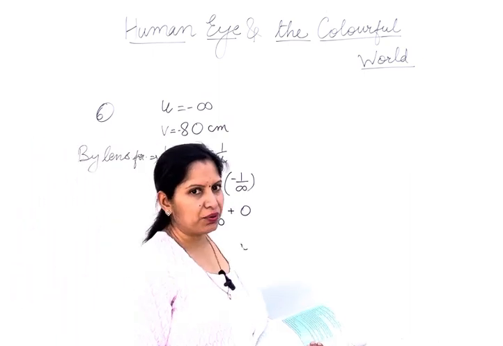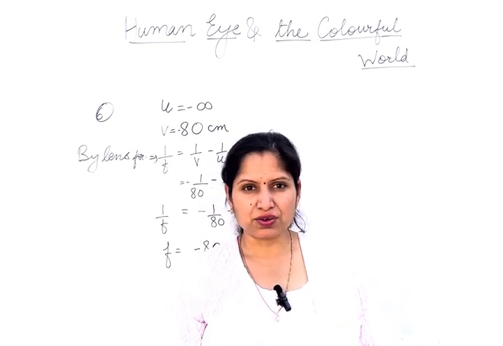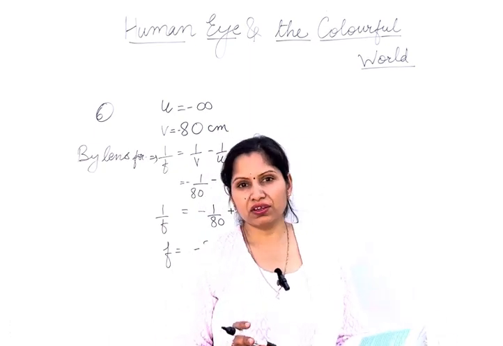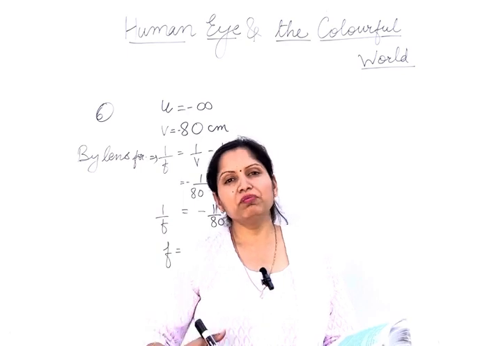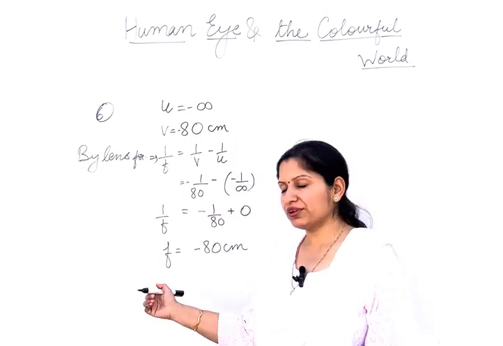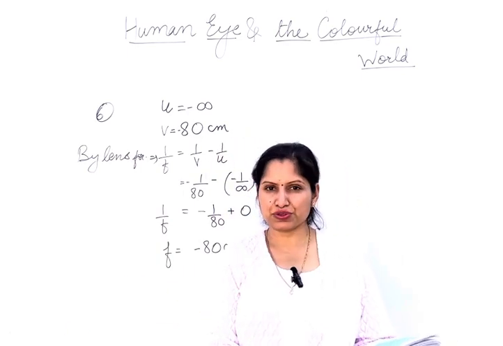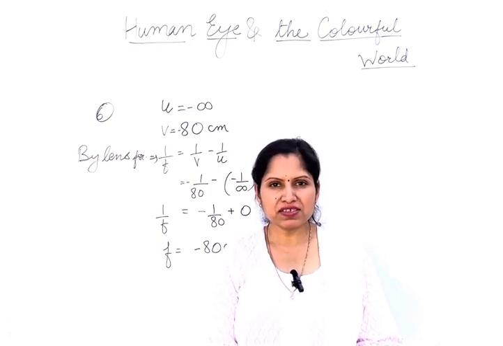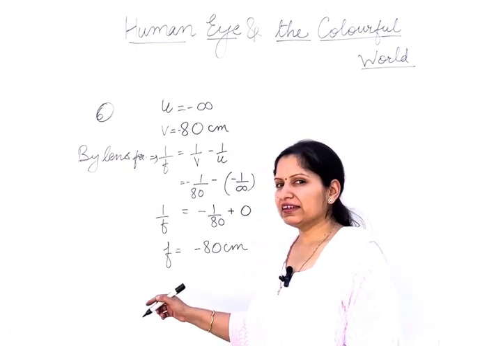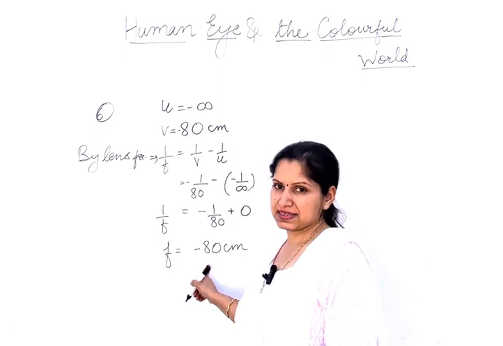Okay. Now, I will be telling you a trick also. Whatever value is given in the question, that will be the answer for your calculation of the focal length also. If the near point of the person was 60 centimeter, then the focal length would have been minus 60.